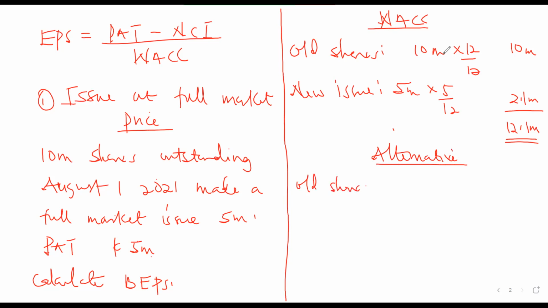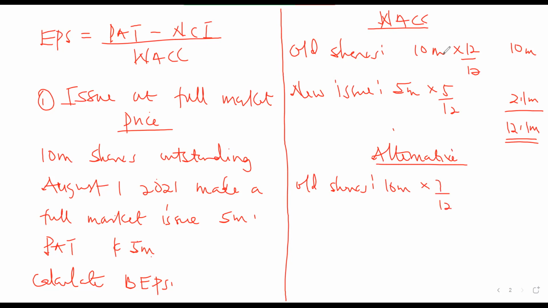How many months would the old shares be there? The old shares will do how many months before the new issue? 7 months. So we calculate 7 months out of it.